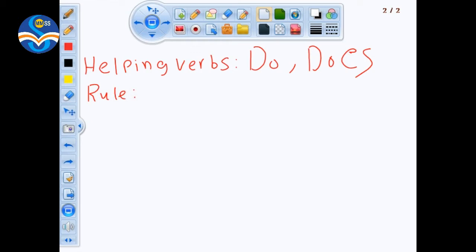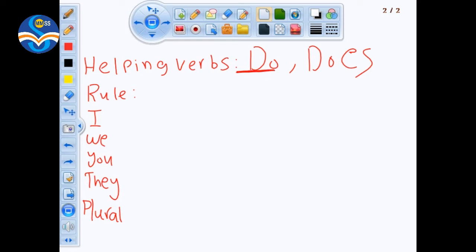So, let's move to see how we are going to create a sentence using the present simple. First, we're going to start with I, we, you, they, or let's say any plural. If we are going to speak about I, we, you, they, or any plural, I need to know that those subjects use do.